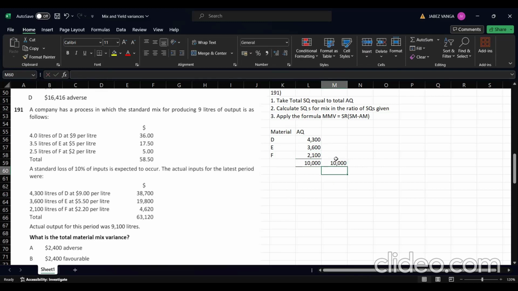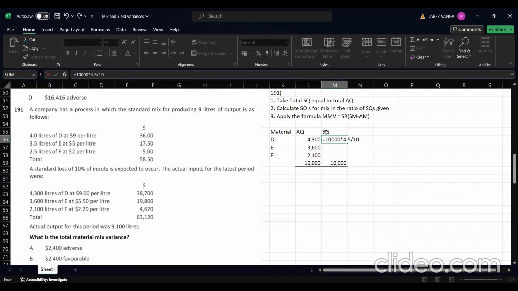But the proportion would be in the ratio of the standard quantities that are given, which are 4 is to 3.5 is to 2.5. So the standard quantity for actual mix will be 10,000 into 4 divided by 10.